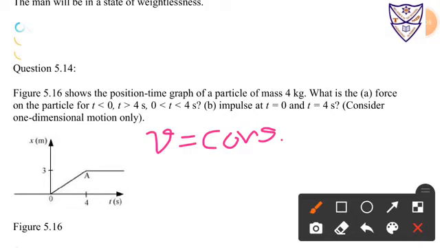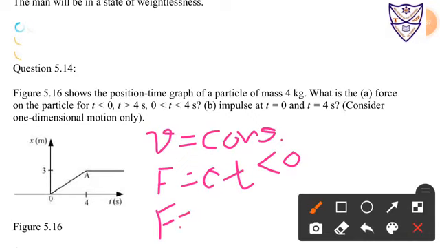If velocity remains constant, then first of all for t less than 0, as we can see, no graph is formed, that's why the force will be 0. If there is no displacement, the object will be at rest, that's why the force is 0 for t less than 0. Then for t greater than 4, the position again remains constant, so the object is at rest. Similarly, if the object is at rest, the net force will be 0.